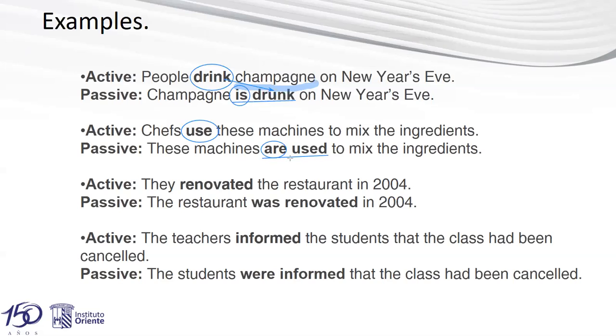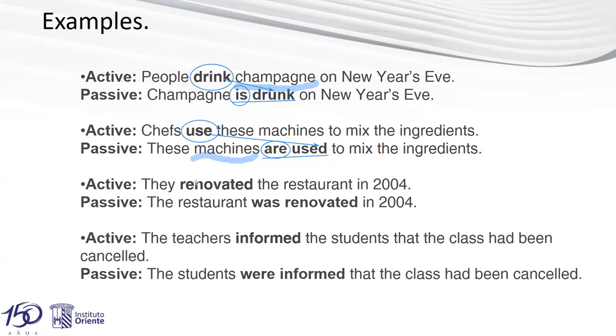Because machines, okay, machines, plural. Okay, guys? Now, the participle of use is used. Okay? Remember, these are the elements that you need for practicing the passive. Okay? Now, the next one.